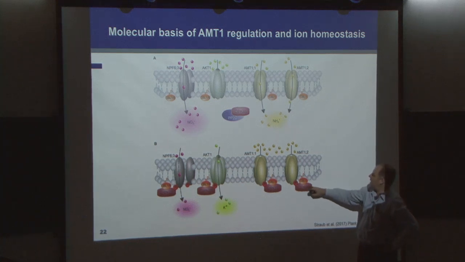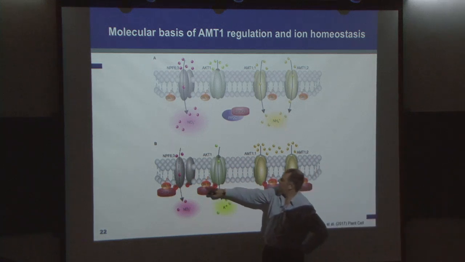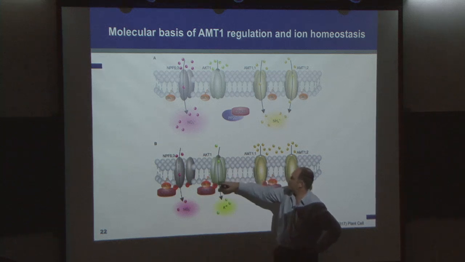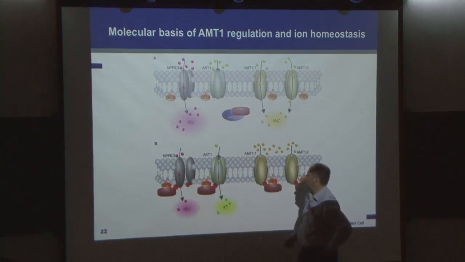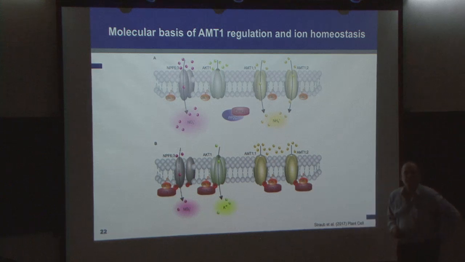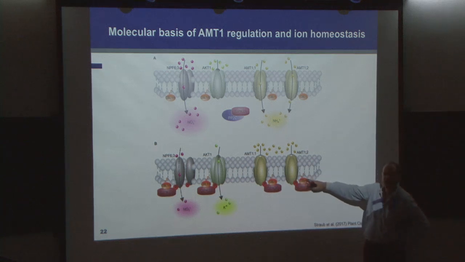And this CIPK23 specifically interacts with CBL1 and or CBL9 for the potassium channel regulation and nitrate transporter regulation. But for ammonium transporter regulation, only one of these CBLs works, and it's CBL1. CBL1 is membrane associated.